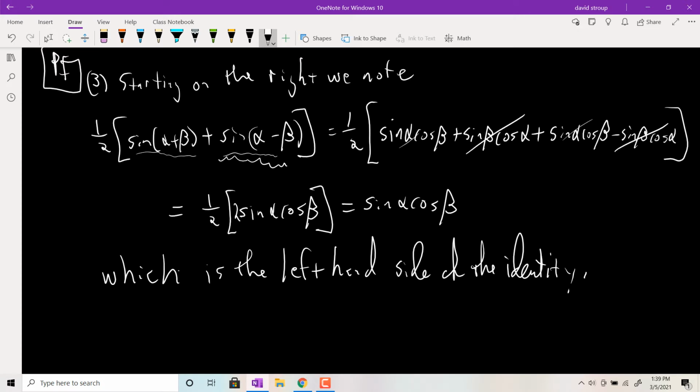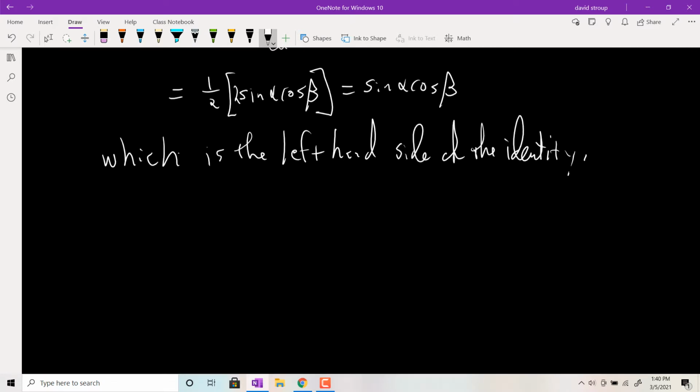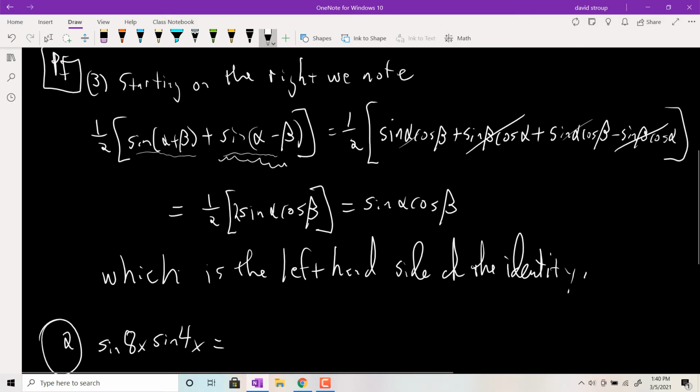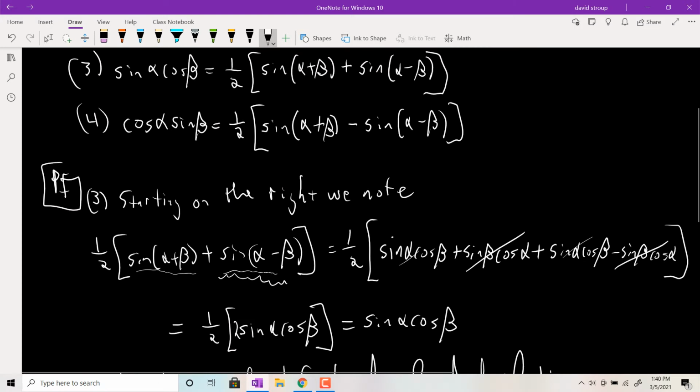Let's see some of the exercises where you're called upon to apply the formula to break a given product into a sum. For instance, number 2 in the book would have a sine of 8x, sine 4x, and we'll have to use the first formula, because you can see it's sine, sine, just like what we have here.